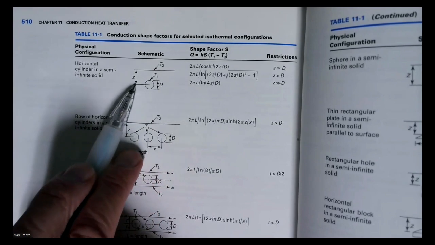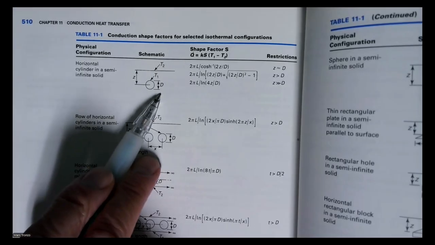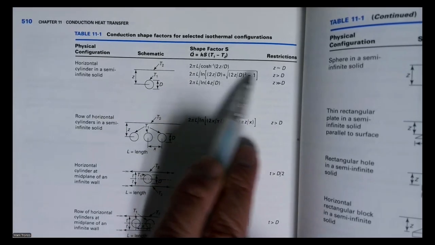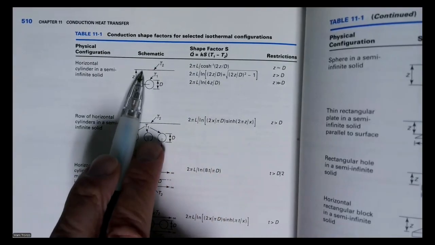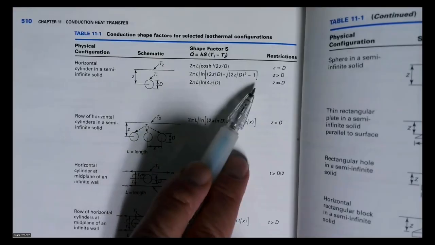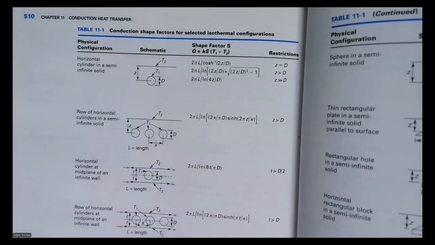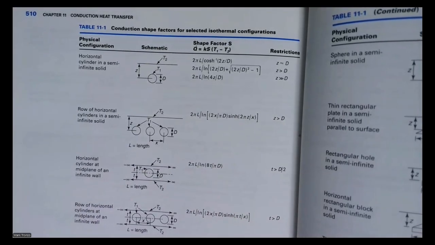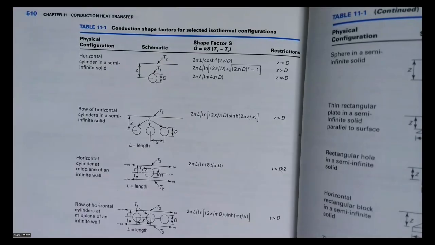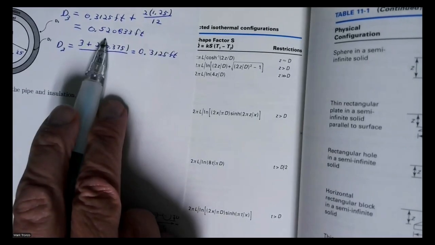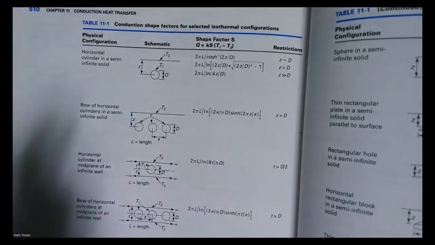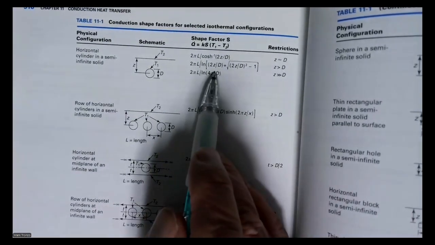If Z is the same as the diameter, then we use this first equation. But if Z is larger than the diameter, then we use this equation or this equation. In our case, Z is 4 feet, but the outside diameter is only 0.520833. So in our case, we can use this one.